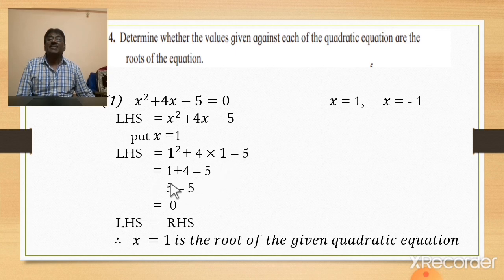The addition of 4 and 1 is 5, and minus 5 as it is, then we get 5 minus 5 is equal to 0. Now we get LHS equal to 0.